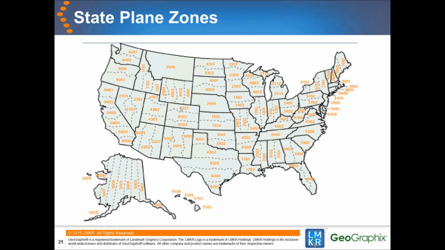That particular state plane zone uses a Lambert conformal projection, as some other ones do. Now, over here in Wyoming, you would use the UTM. Now, this is all sort of set up for you when you select your map coordinate system in GeoGraphix, but it's always good to sort of know.